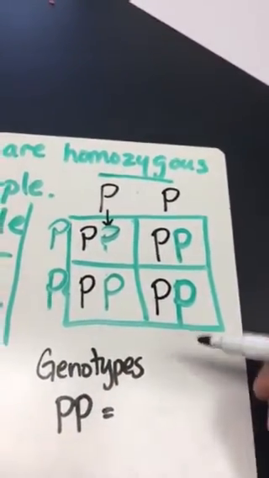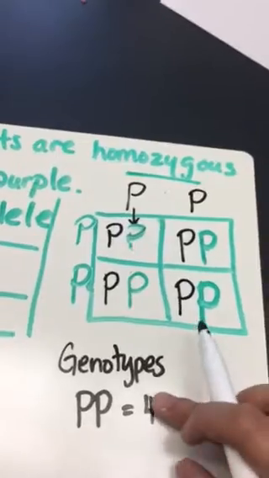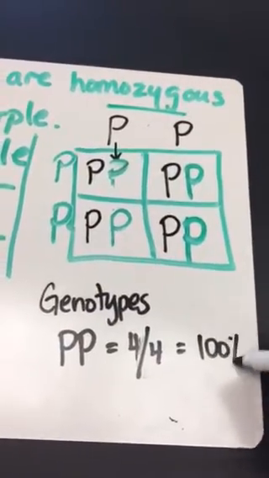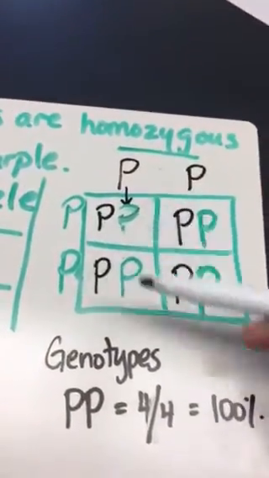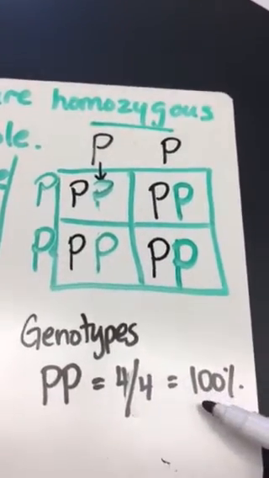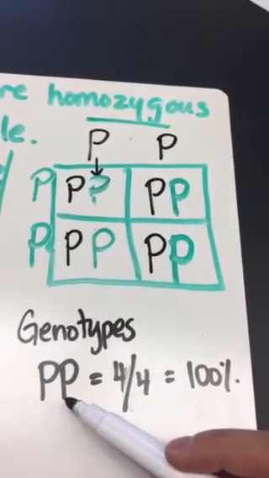How often do I see that? Well, I see it in every box, 4 out of 4 times, or if I were to write it as a percentage, it's going to be 100%. So no matter if these two parents have 100 offspring or 50 offspring or 25 offspring, 100% of the time their offspring will be homozygous dominant.